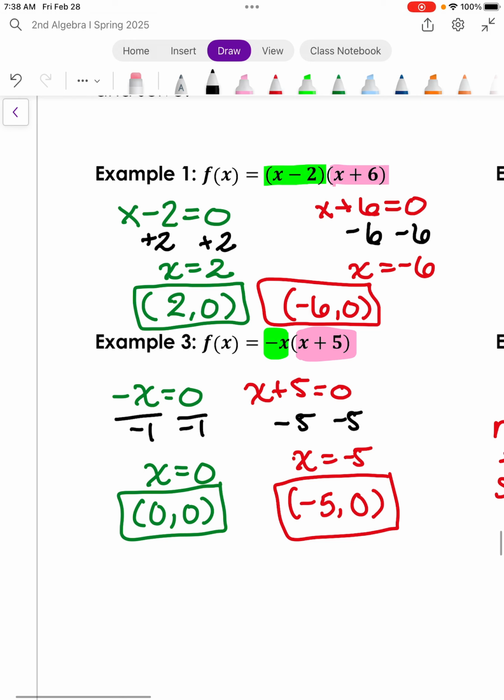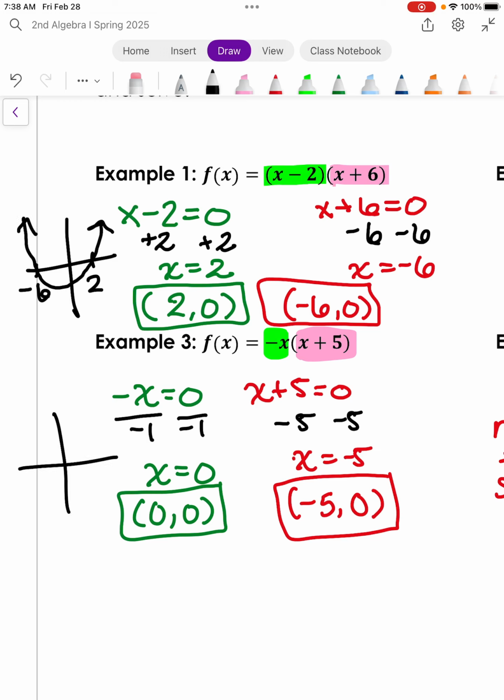For example 1, I have x-intercepts at negative 6 and 2. Looks like that. But for example 3, I have an x-intercept at 0 and one at negative 5. But this negative at the very front tells me that this opens downward. So this has x-intercepts and it looks more like that.